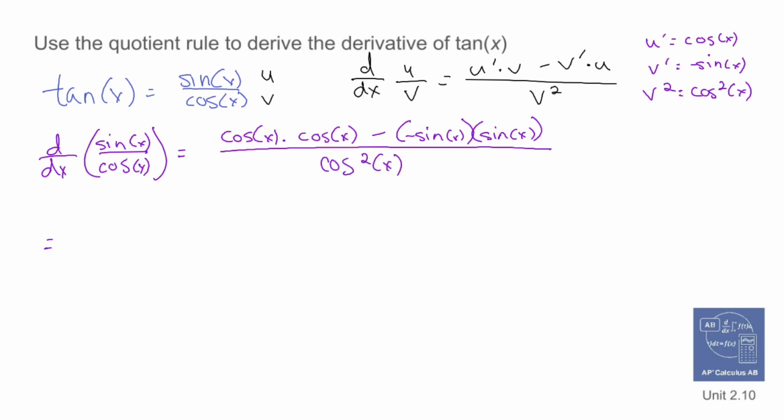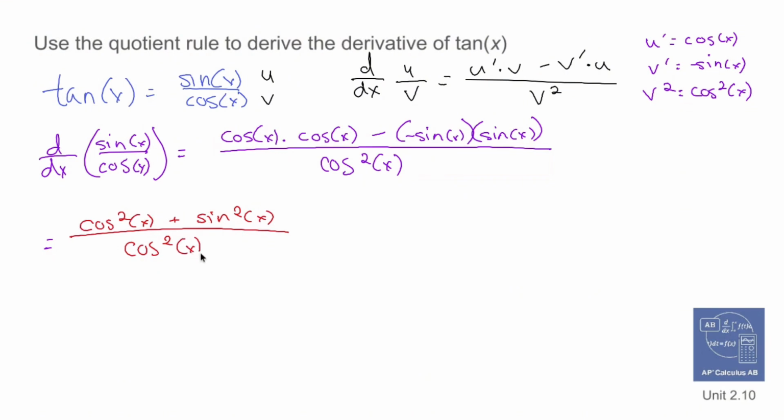Okay, cosine times cosine is cos squared x, minus a negative, so plus sine x times sine x is sine squared x. And that's all going to be over cosine squared x.